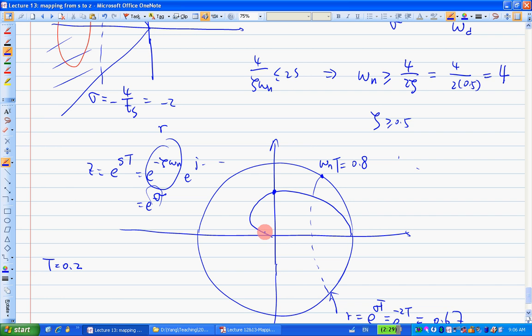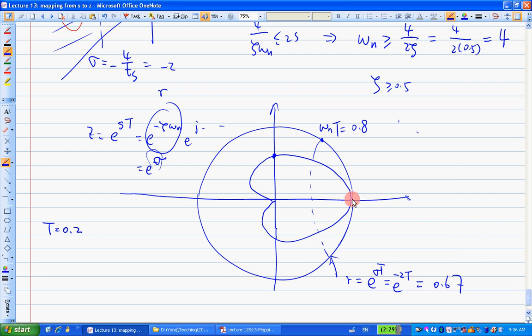For this constant damping ratio, you have the mirror part on the other side, from negative pi to 0. Actually, in my drawing, this is not 1 here. This is only 0.67 here. Number 1 is here. Your spiral always starts from here.